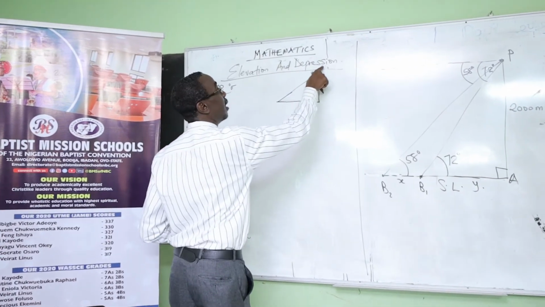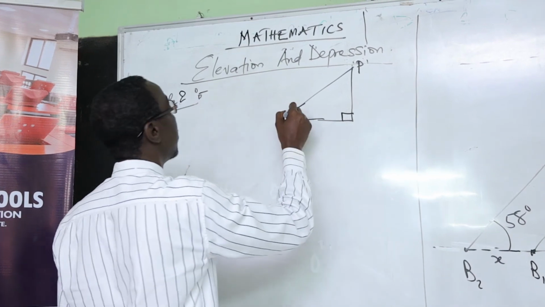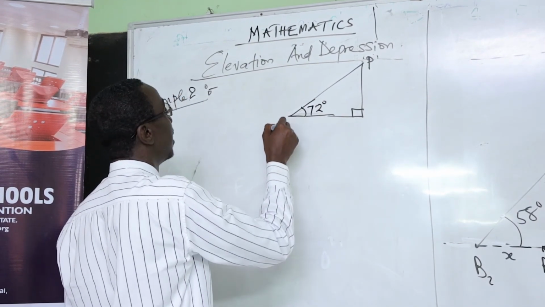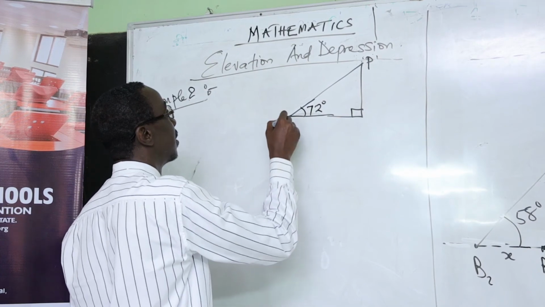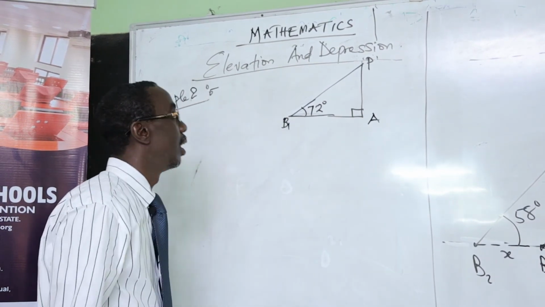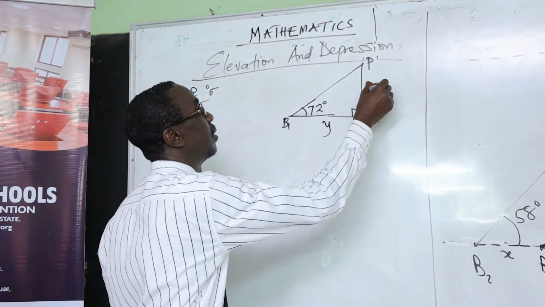If this is P, this is the right angle, this is 72, this is B1, and this is A. This is Y, and this place is 2,000 meters.